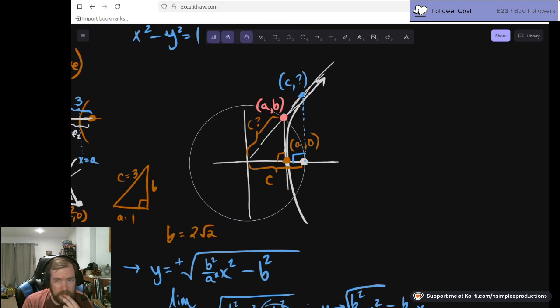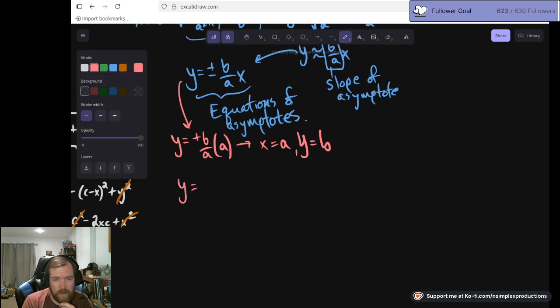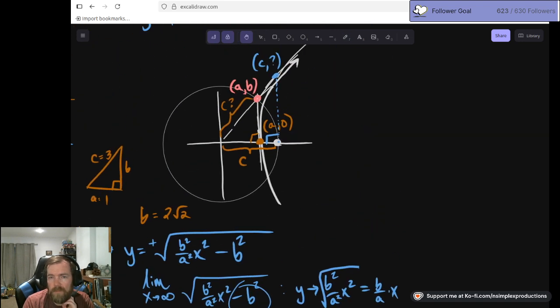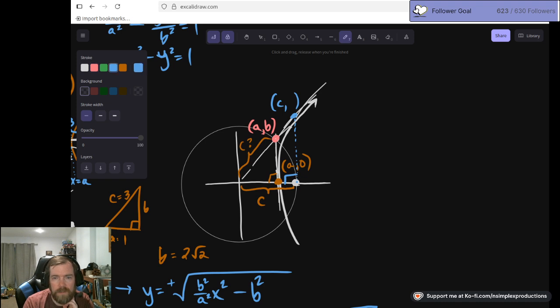Then when y equals plus b over a times c, we end up with x equals c, y equals bc over a. So here, this is going to end up being bc over a.